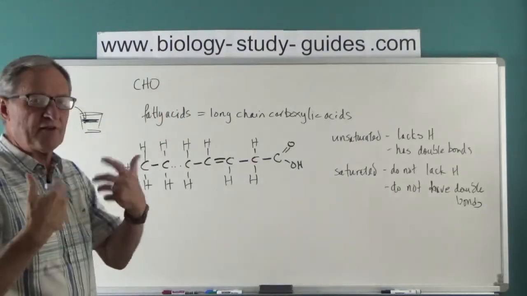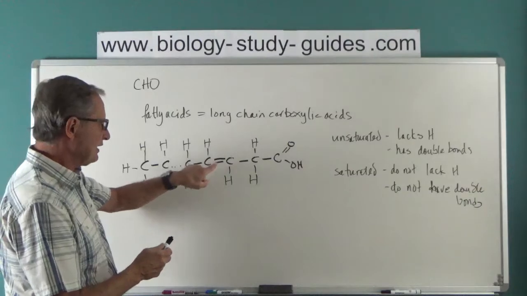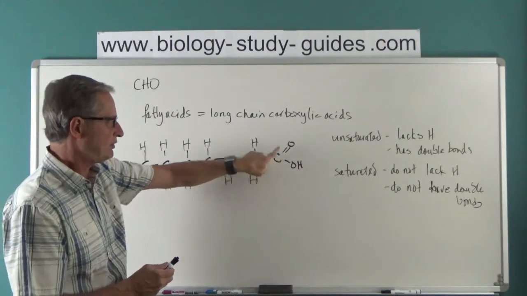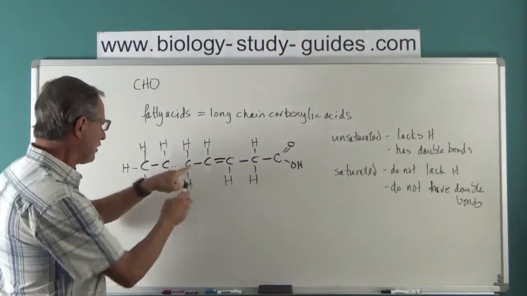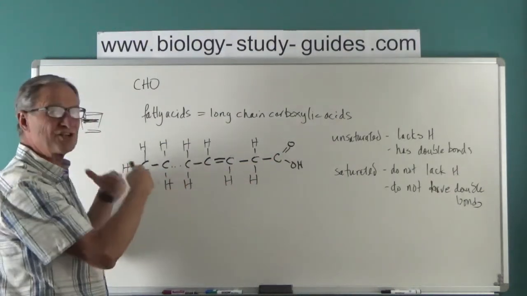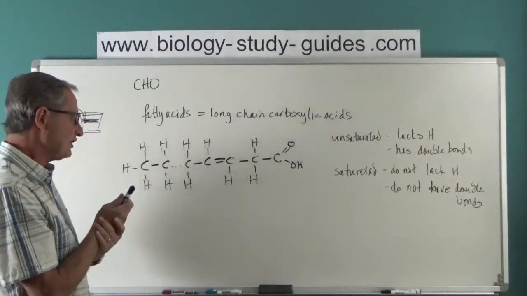And you can see the variation that's possible here again: this unsaturation point, the double bond, could be here or here. It couldn't be here, there'd be too many bonds on the carbon. Or it could be anywhere along the length of however long this molecule is. So like I say, there's a tremendous variation possible in these things.